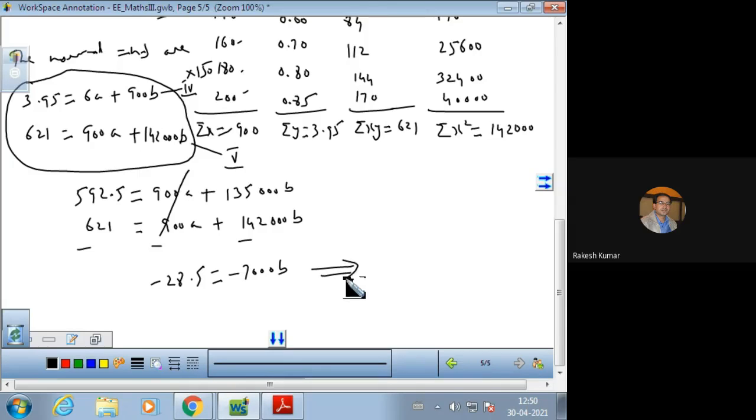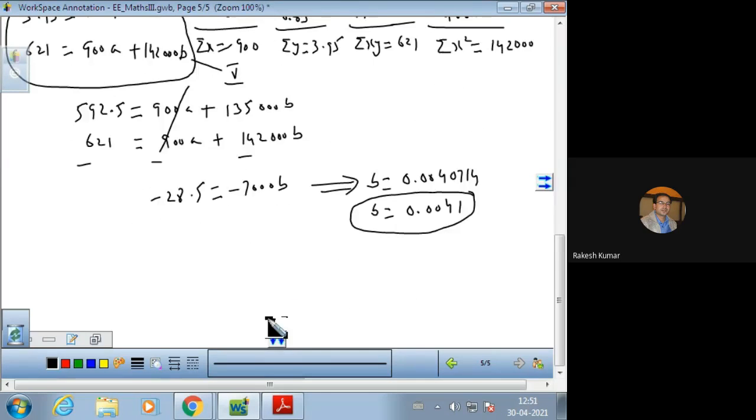So from this equation, b comes out to be 0.00400714. After division we get a long value, so you will round off. Rounding it off, we get 0.0041. So this is the rounded value of the constant b.